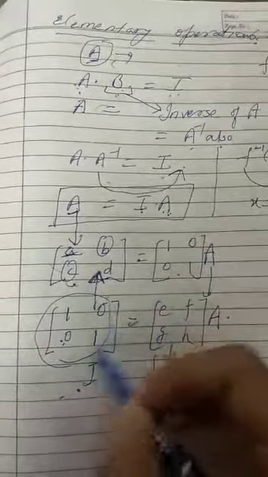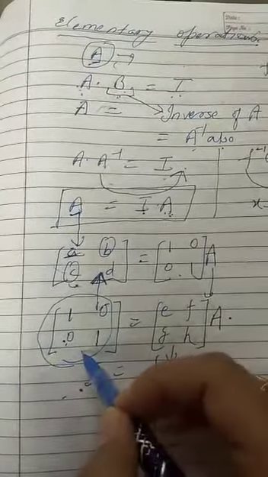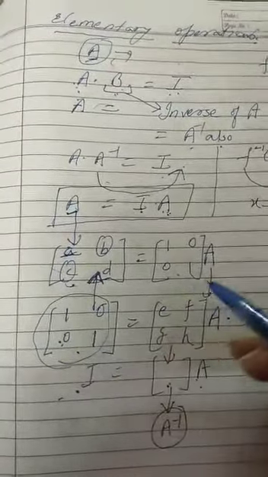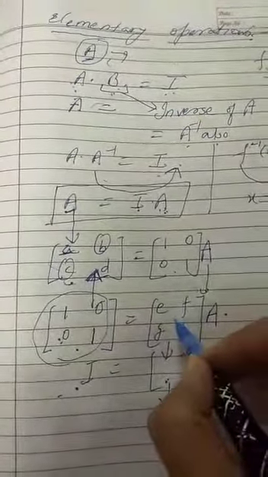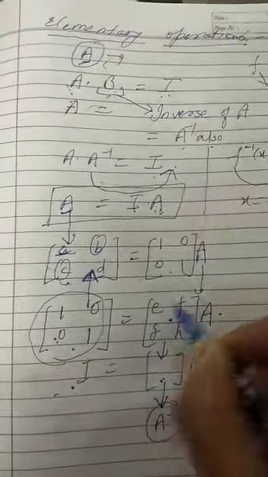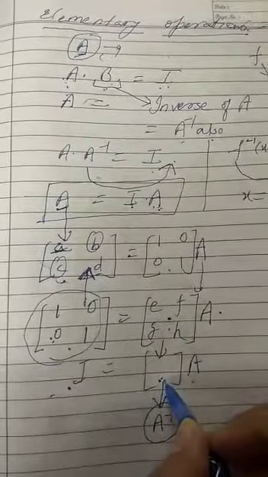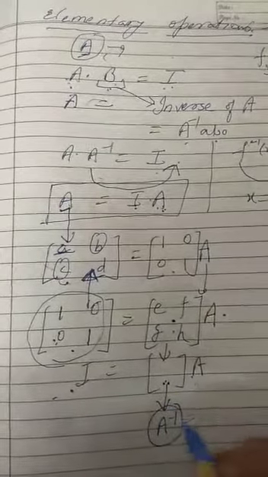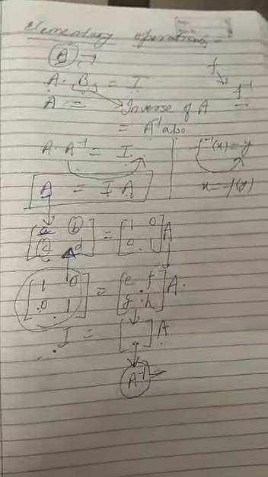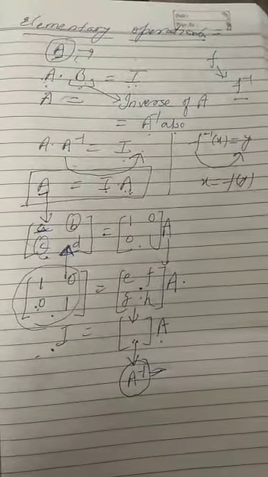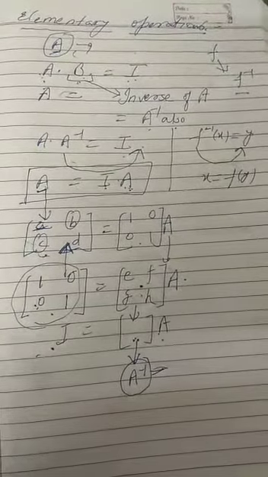Why? Because this will turn into the identity matrix, and whatever changes are coming here, we will make the changes in this matrix as well corresponding to the operations, and this new matrix will then be A inverse, and that will be your answer. Right? So this is the concept, and in the next video we will learn about elementary operations.